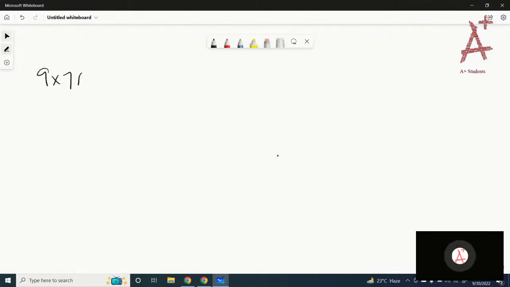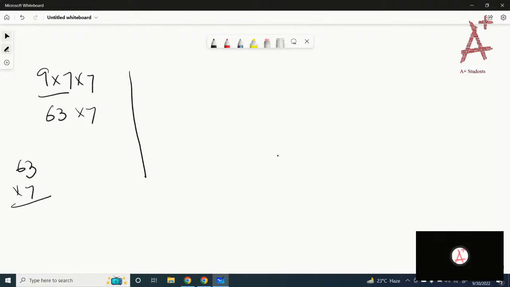9 times 7 times 7. So pair up the first two numbers. First let's just do 9 times 7. So 9 times 7 is 63, and then you have to do 63 times 7. So just do 63 times 7 like this. 7 times 3 is 21. Write the ones digit over here and carry the tens.